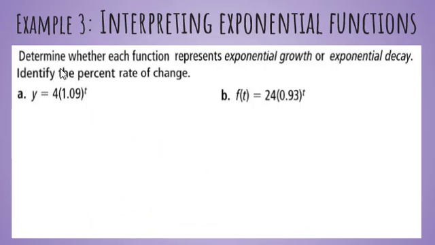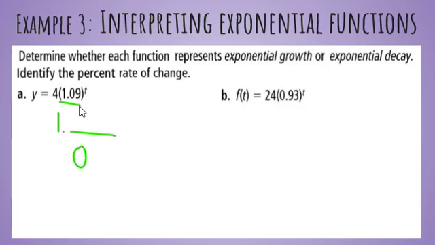For example 3, you're determining whether each function represents growth or decay again, and you're identifying the percent rate of change. So we're looking at this number inside the parentheses. I have 1.09. Whenever you start with 1 point, whatever that number is after it is going to be your percent rate of change as a decimal.